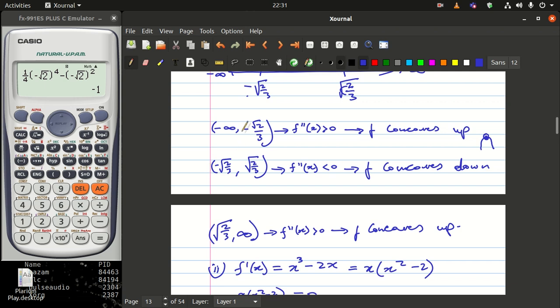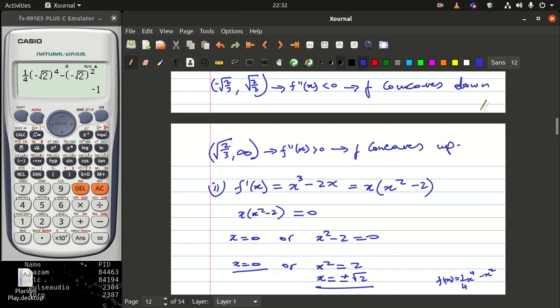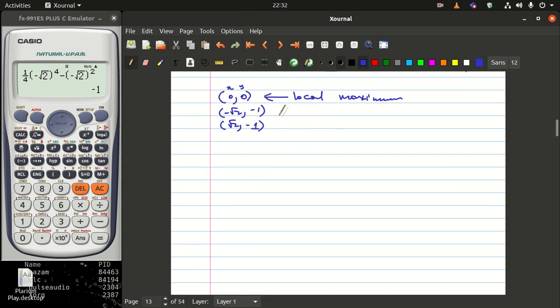So a negative square root 2 is somewhere in this interval here. So if it is here, f concaves up. If it concaves up, it means f is like this, and then the point is somewhere there. So this is the smallest value this function has close to this point. So here we are actually having a local minimum.